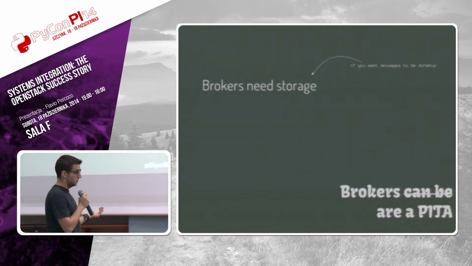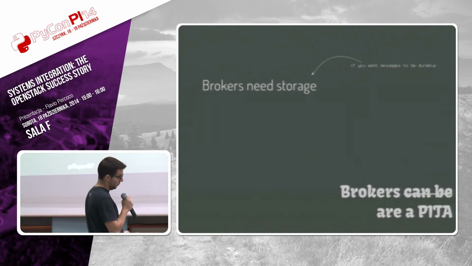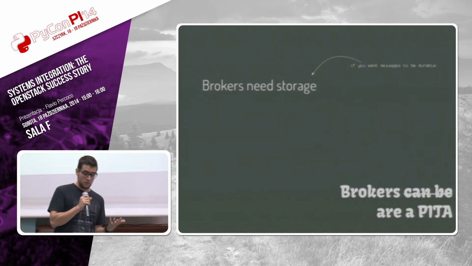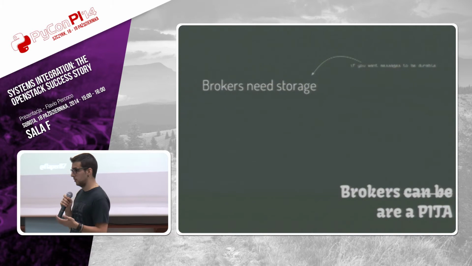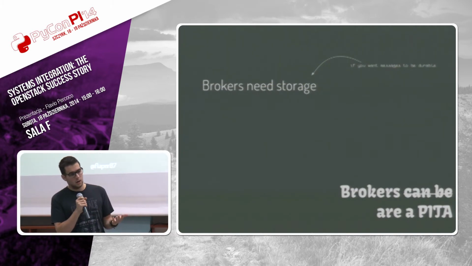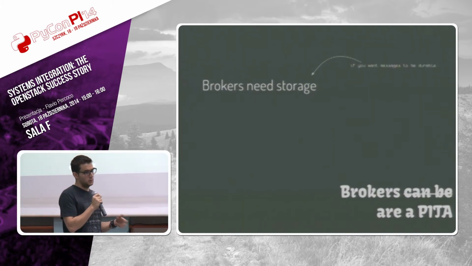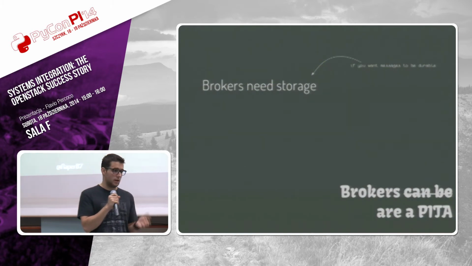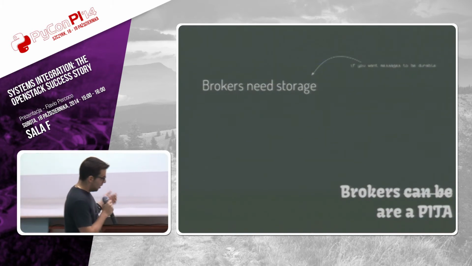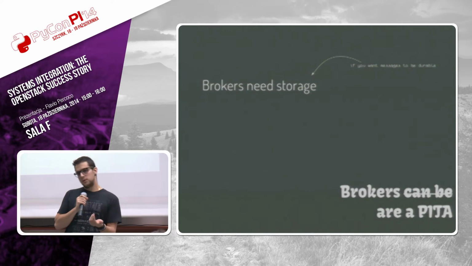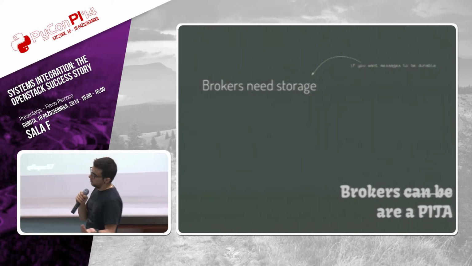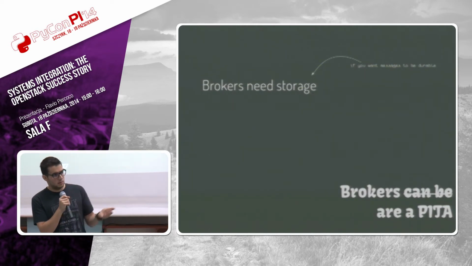Brokers need storage. If you're running RabbitMQ without durable equal true, you probably get into trouble very soon. Because if something happens to that node, you will lose all your messages, unless you don't care at all about your messages. And if you have durable equal true, you're basically storing all messages in your file system and the Mnesia database that RabbitMQ uses.